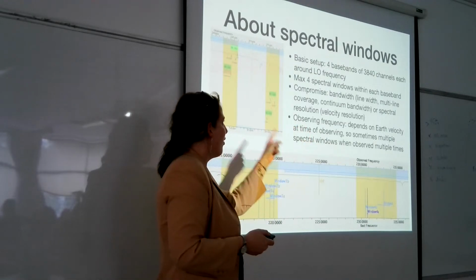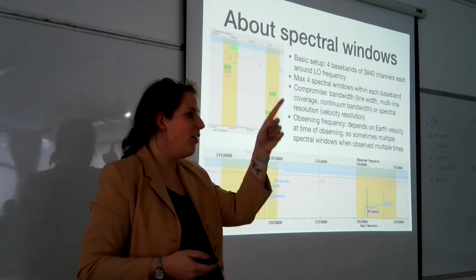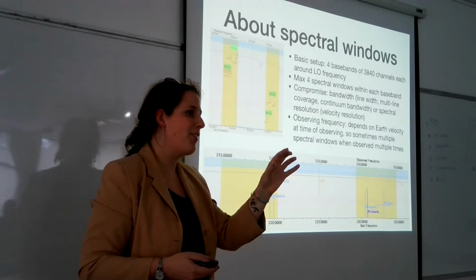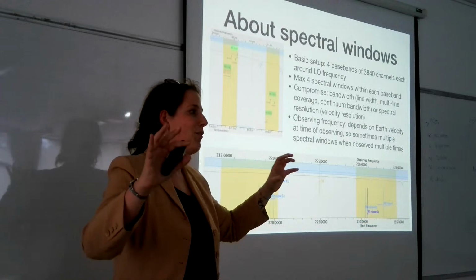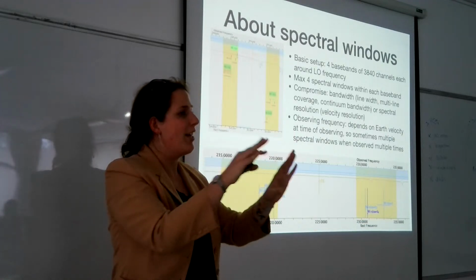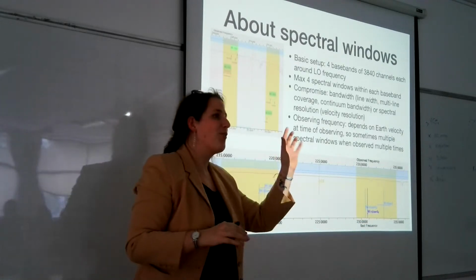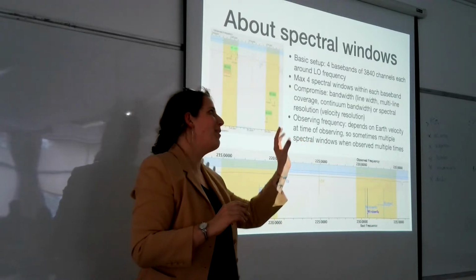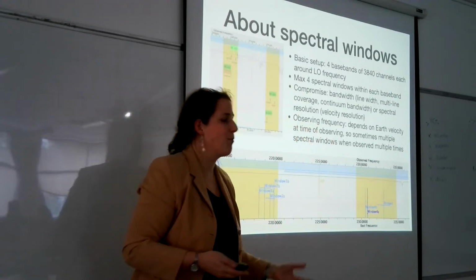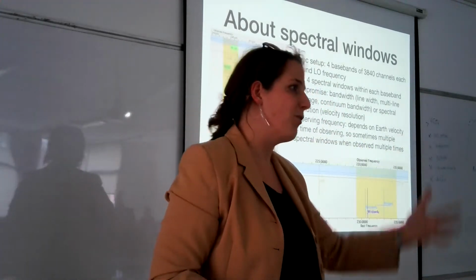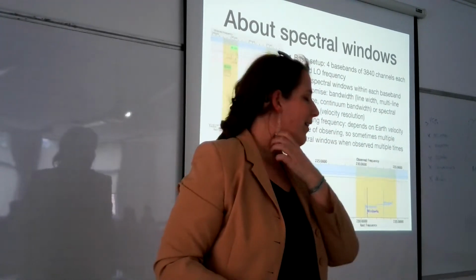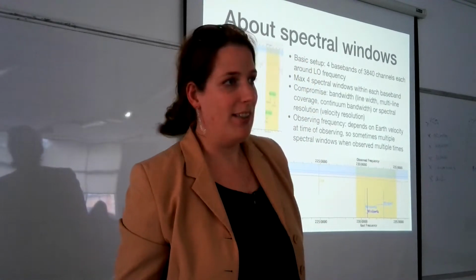So if you look really at the numbers of those frequencies in an ALMA observation, you may see slightly different numbers every time. Sometimes if you combine two observations, they also have slightly different numbers. It is because of the Earth velocity being different at different times of observations. So again, you don't have to worry about it. The software takes care of it, but this is mostly if you really worry about these numbers.